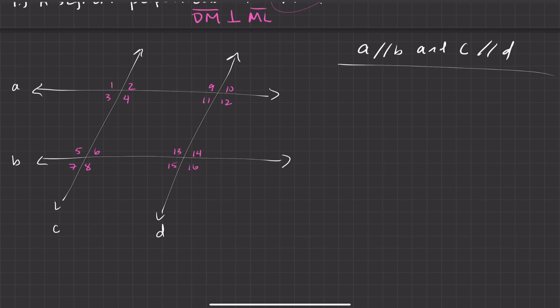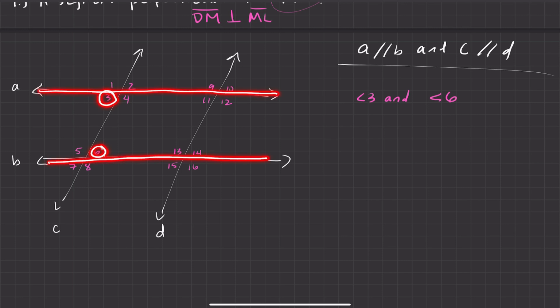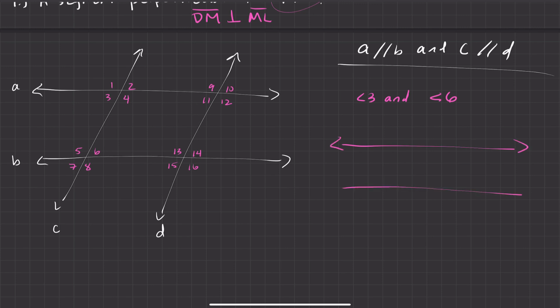So I did 9 and 13. I'm just going to mark that off on my notes. Let's do angles 3 and 6. So where's 3 and 6? Here's 3, here's 6. Notice that 3 is part of line A, and 6 is part of line B, and they share this particular transversal, we'll call it line C. So let's recreate that. 3 is right here, and 6 is right there.